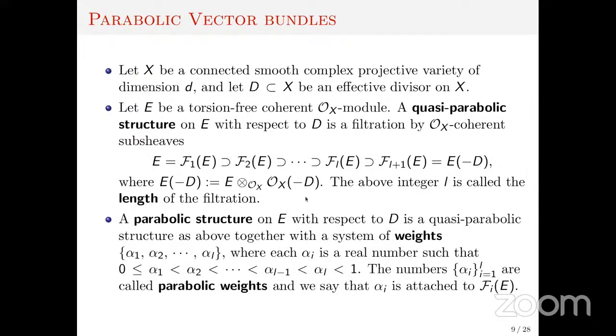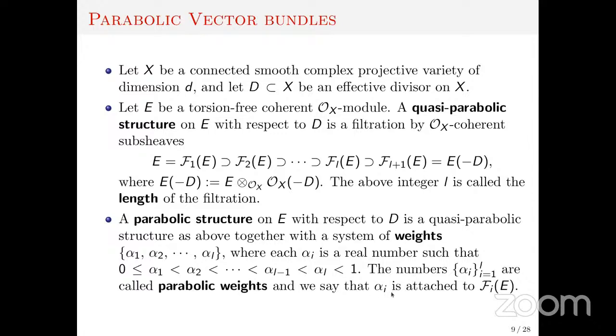A parabolic structure on E with respect to the chosen effective divisor D is a quasi-parabolic structure as above, together with a system of weights, which are nothing but a tuple of real numbers alpha_1, alpha_2, ..., alpha_L lying between 0 and 1, and these numbers are called parabolic weights.